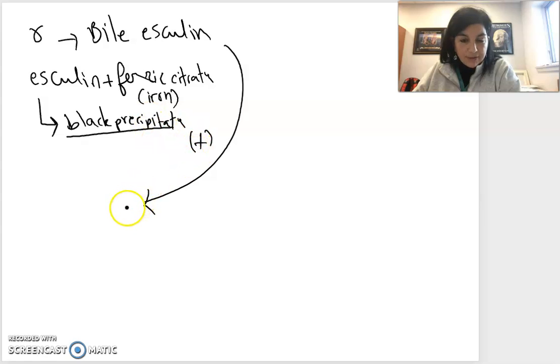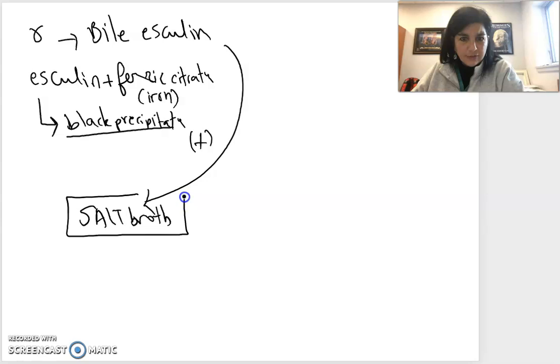So when we have a positive test, there's one more step before we actually determine which bile esculin positive strep strain it is. We have to grow these still mystery strains in salt broth. Growing in salt is actually very difficult for bacteria, and many of them will not grow, but some of them will.